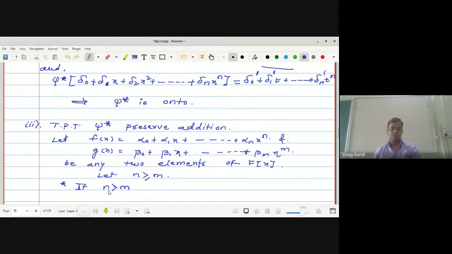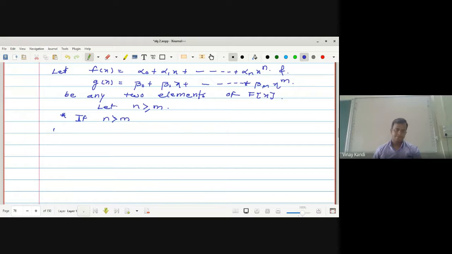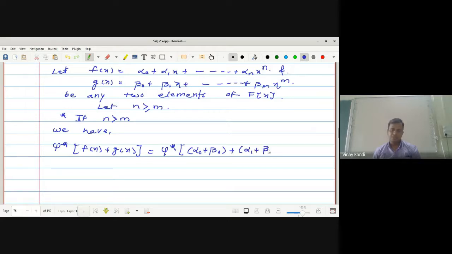We have psi star of f of x plus g of x is equal to, look here, by addition of two polynomials, alpha naught plus beta naught, plus alpha 1 plus beta 1 x, plus up to so on alpha m plus beta m x raised to m.